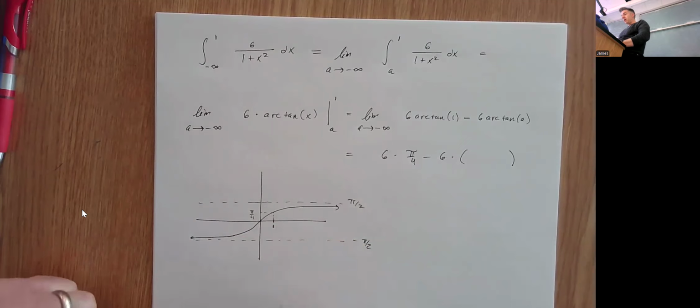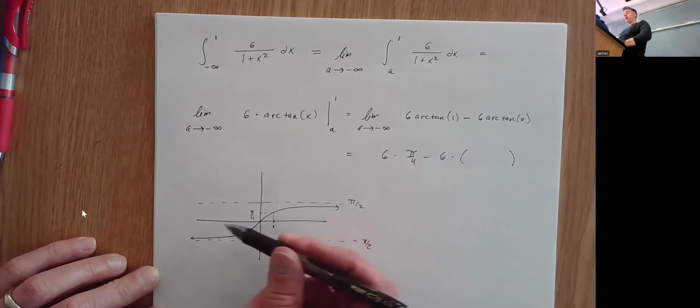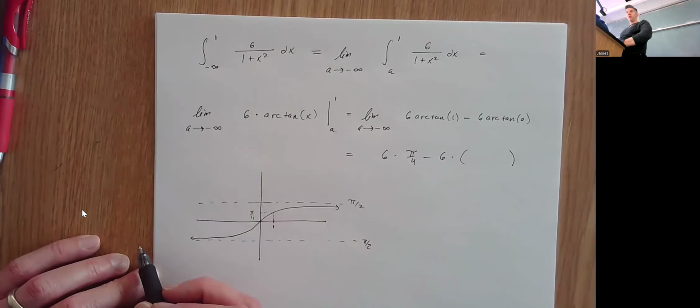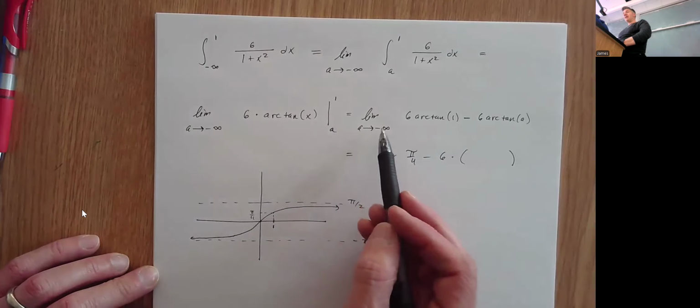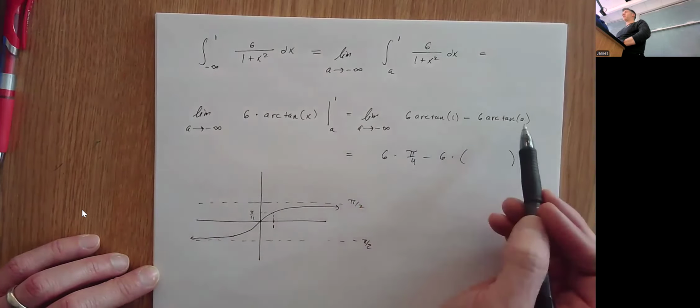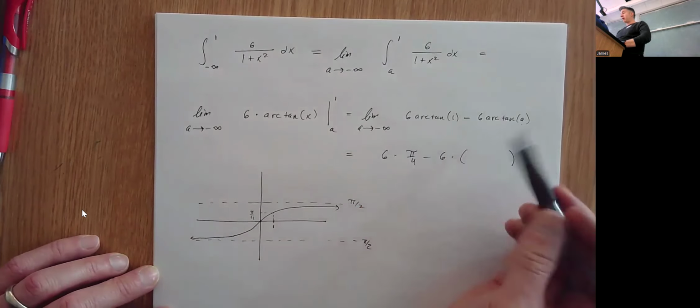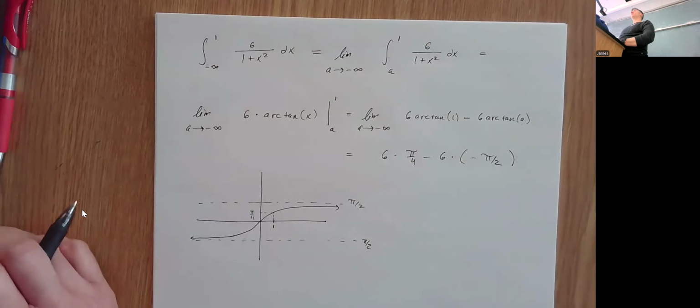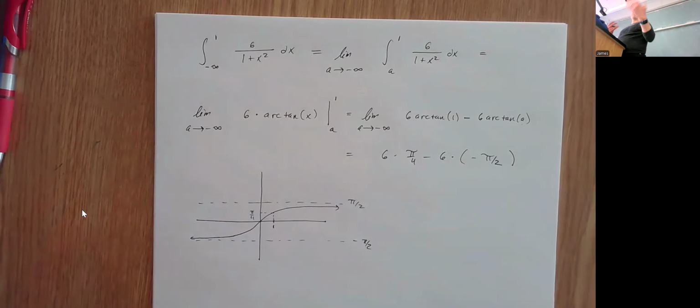And so you can see that as your input gets super duper negative, the output approaches negative pi over 2. So the limit as a goes to negative infinity of the arctangent of a is going to be negative pi over 2. It's a tricky one that people often have to be reminded about.